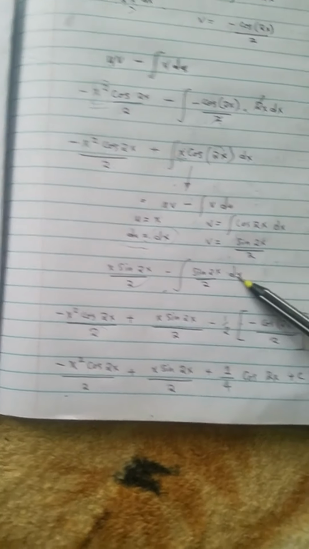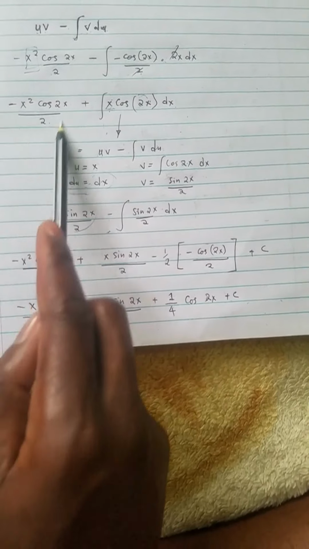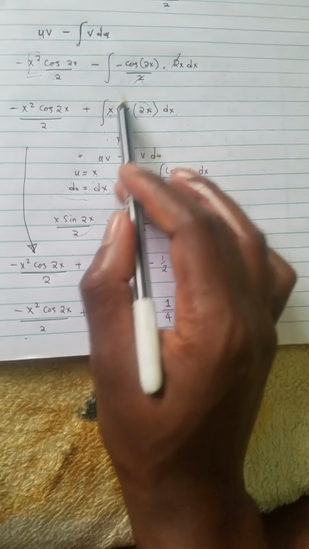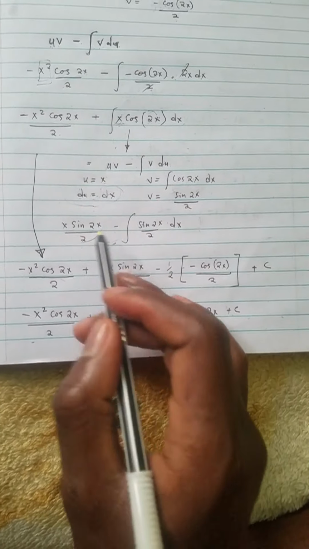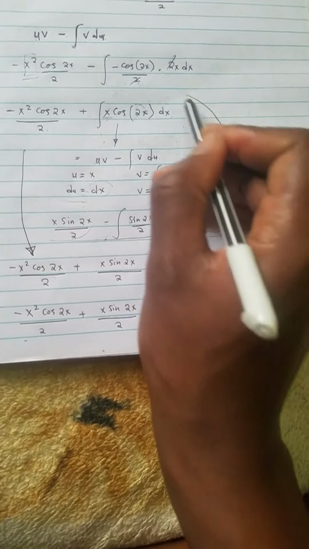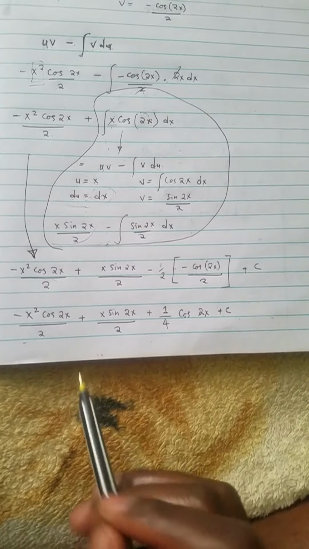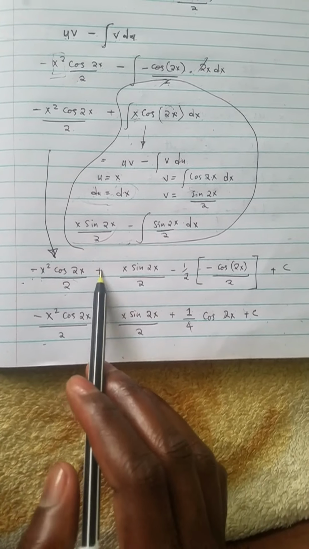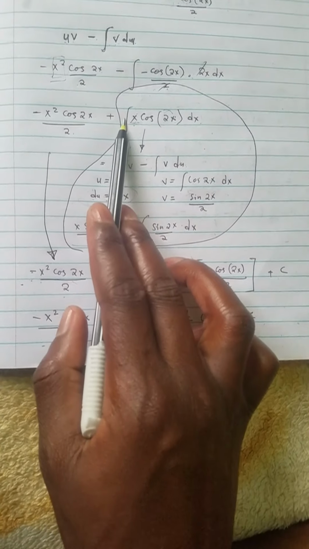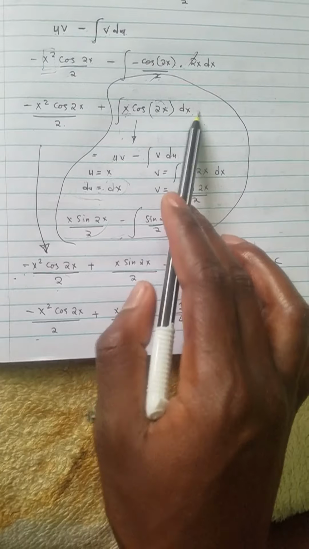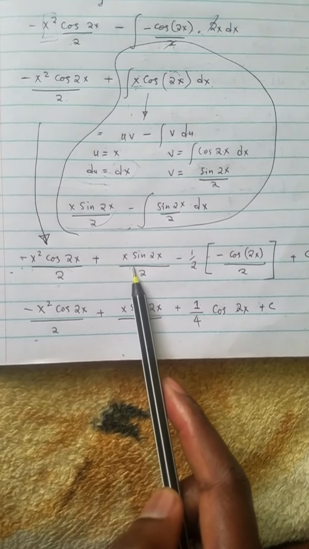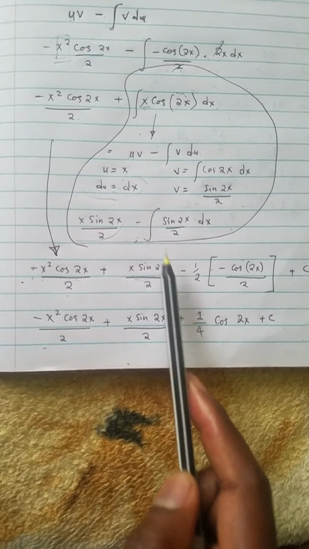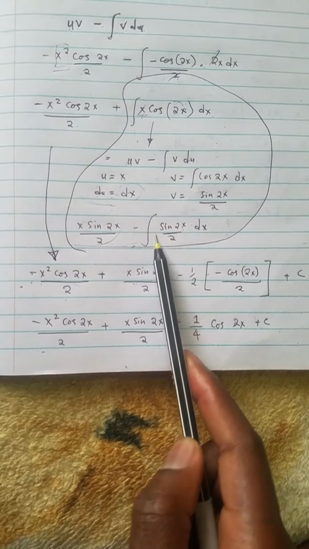And ultimately what we're going to have here is, because we were solving for this one, this whole part was this. So now we can rewrite this: negative x squared cos 2x over 2 plus, which is the plus here, the integral of this whole thing, which is x sine 2x over 2, this part, minus, then we find the integral for this.